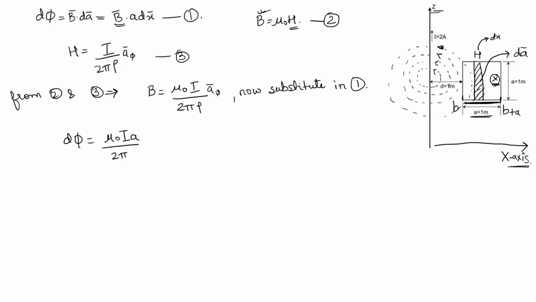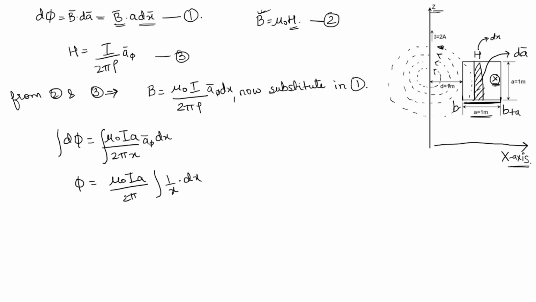We are taking it as x, our variable, aφ, right? So this is the complete equation. Now we are integrating both the sides. So what we get is φ is equal to μ0 I a upon 2π. We take out the constants. Integration of 1 by x, and the dx will be there, right? In this equation, dx. Let me write it here, dx.